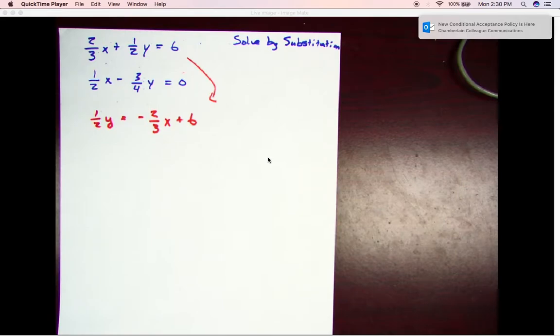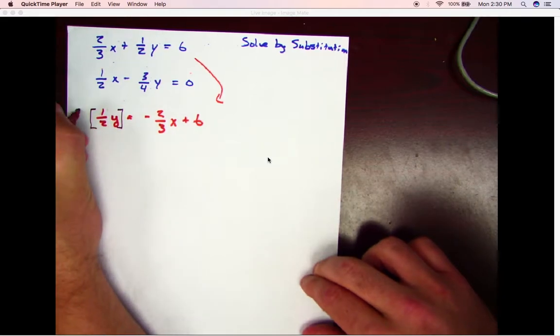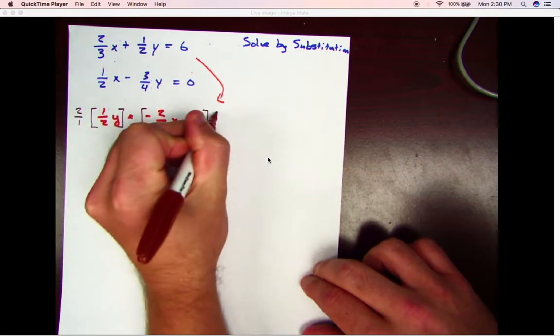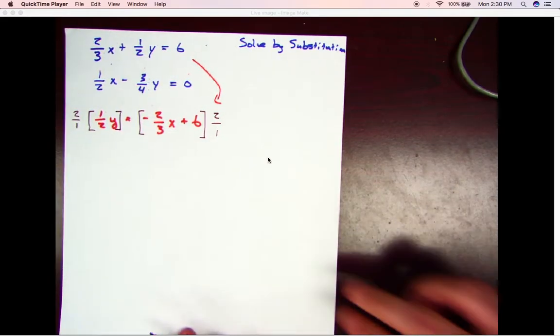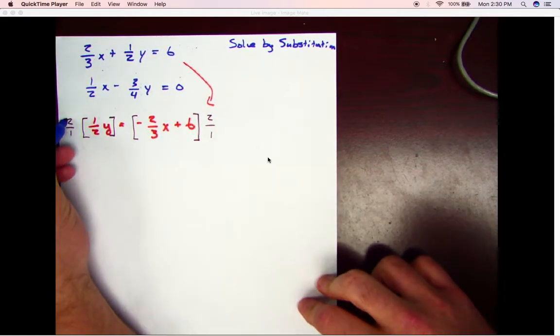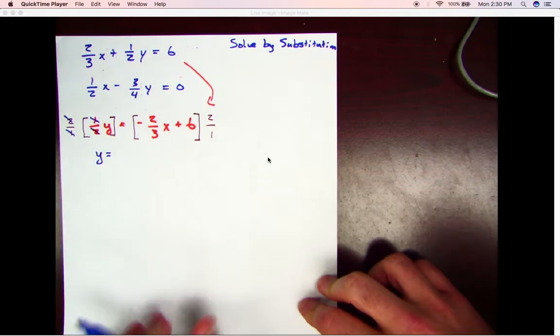Now I'm going to multiply every part of my equation by 2 over 1. So when I go ahead with that, this 2 and this 2, this 1 and this 1 cancel out, and I'm left with a y. Now equals.